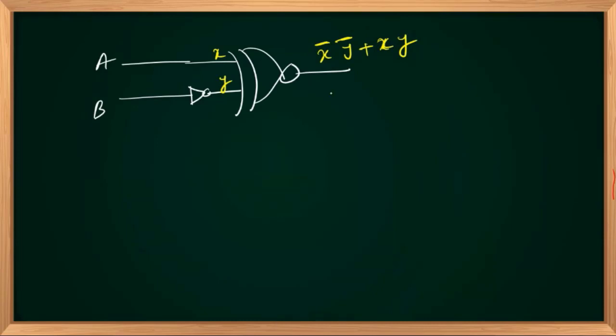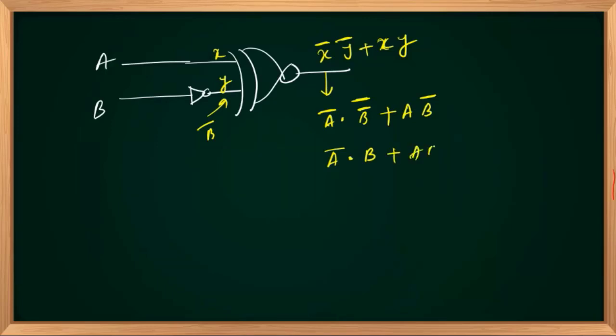Here X is nothing but A, so this will become A complement. What is Y? Y is nothing but B complement. So B complement is Y, Y complement, one more complement, plus X which is A itself. What is Y? Y is nothing but B complement. So this is nothing but A bar dot B double bar, which will be B itself. If you are complementing twice, you will get the same variable, right?